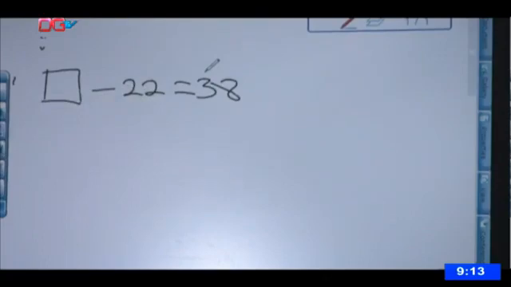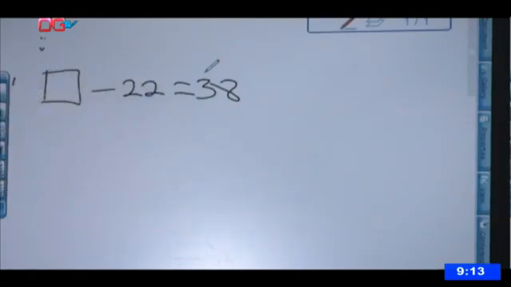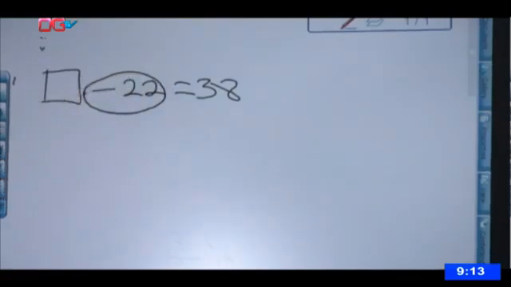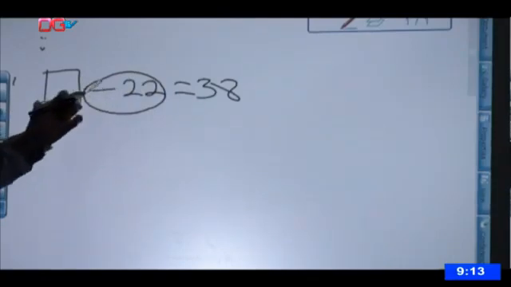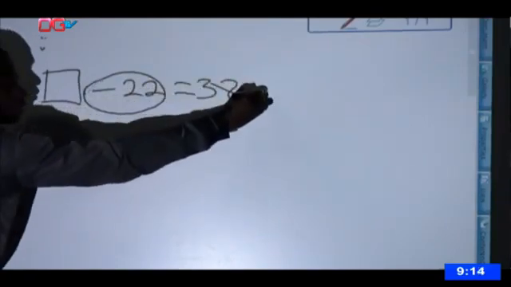It's not possible to add or subtract a letter or a symbol with a number, but it's possible to add or subtract a number and a number. So we are going to move this, because they are not like terms, and we take it to this side.